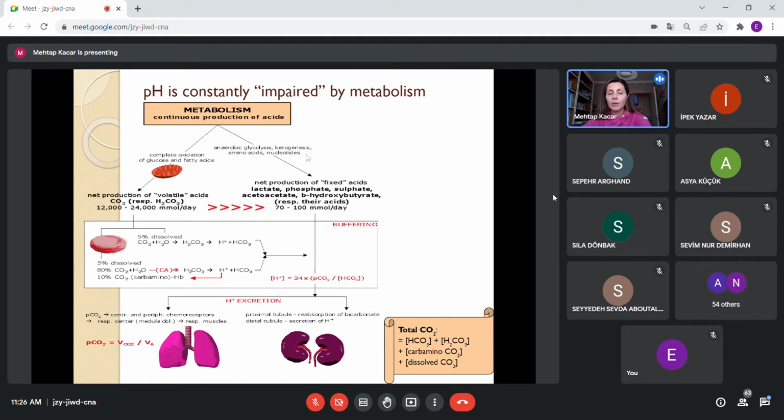Anaerobic glycolysis, ketogenesis, amino acid, and nucleotide metabolism lead to net production of fixed acids such as lactate, phosphate, sulfate, acetate, and so on. We produce many acids during daily metabolic reactions and functions. Our buffer system neutralizes them, and we excrete hydrogen ion through our lungs and also kidneys.